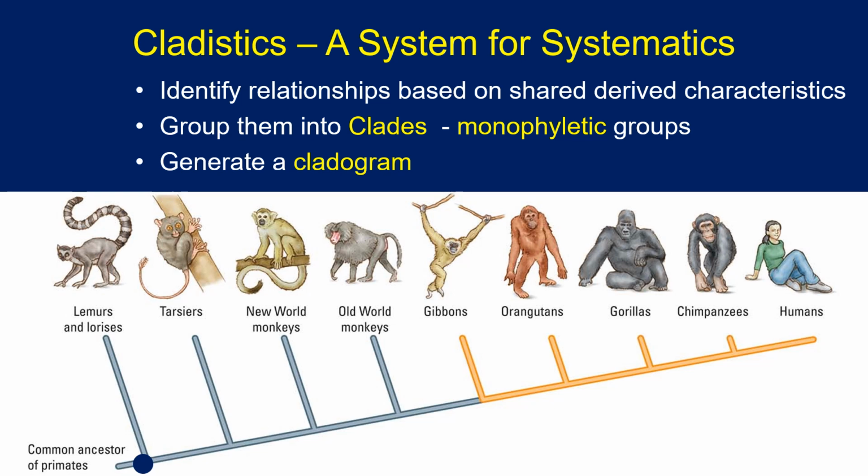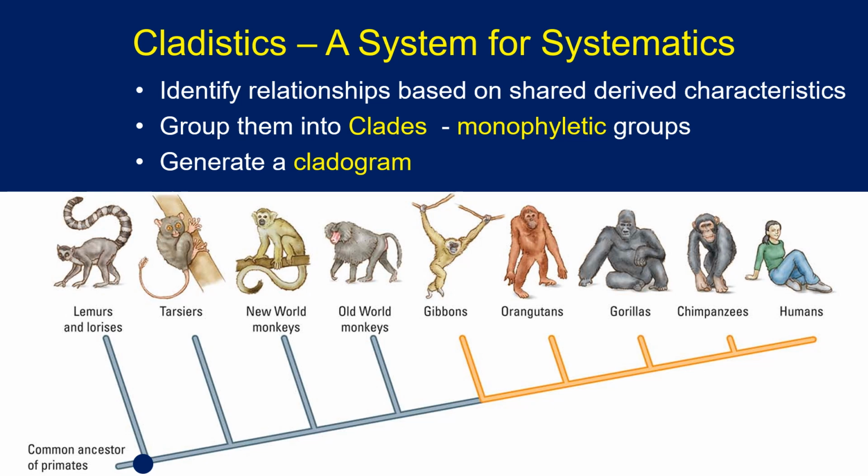We can trace them all back to that common ancestor. This is the last common ancestor, the most recent common ancestor, that had all of the traits that we're using to define this group, the group primates. And quite often we'll label the group at that node, at that dichotomy.